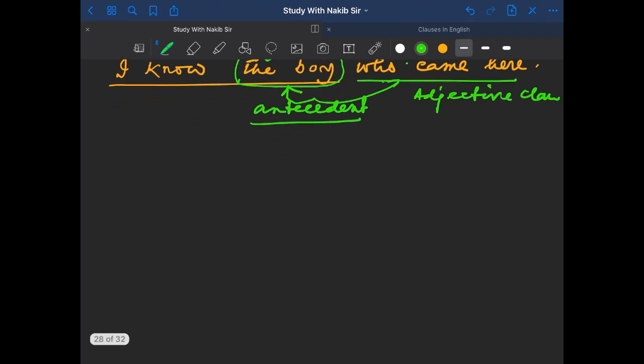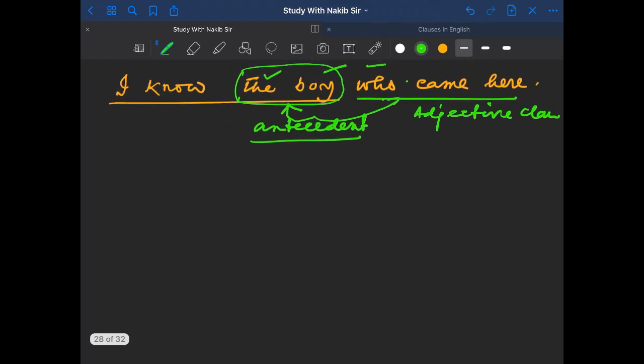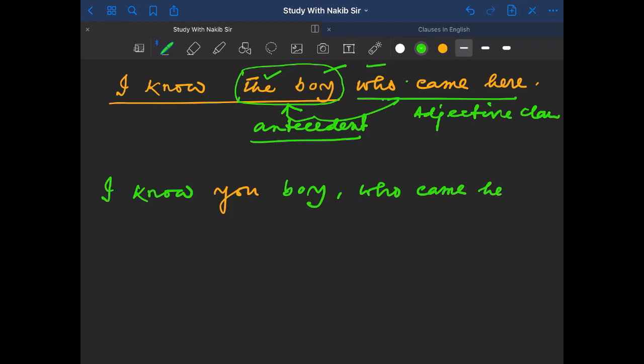Okay. Now see another example, then you can understand the difference. I know your boy, who came here. Okay, now see, I know your boy. So, which boy? Your boy.